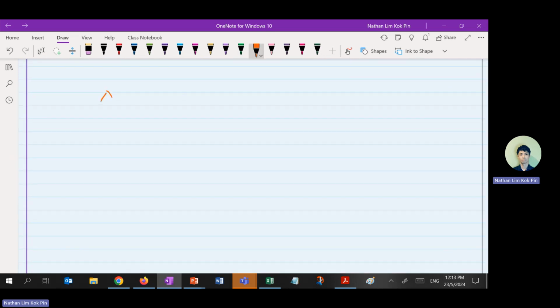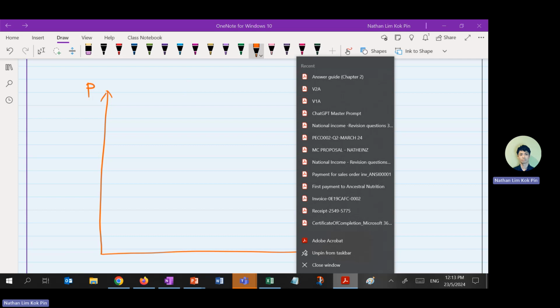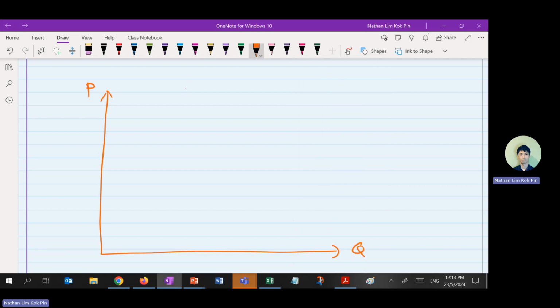Zoom in. First of all, P and Q. Then put some product name. For example, I want to tax something because it causes disruption and inefficiency in my country, in the government scenario.